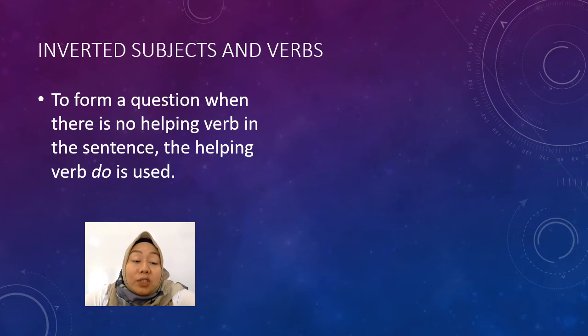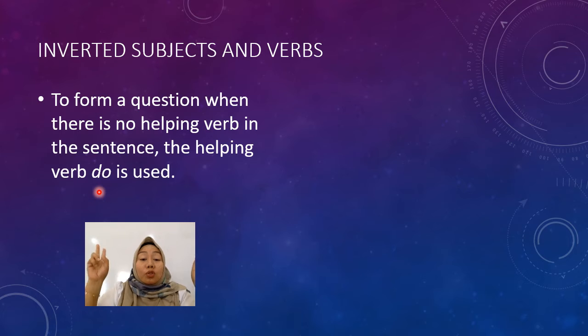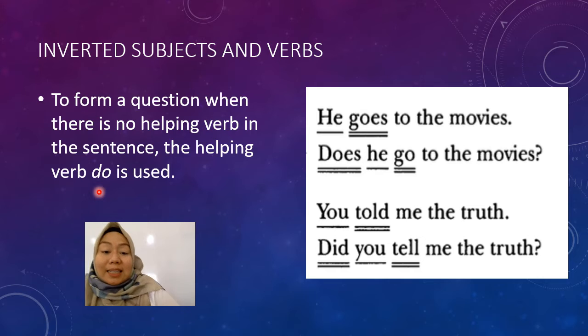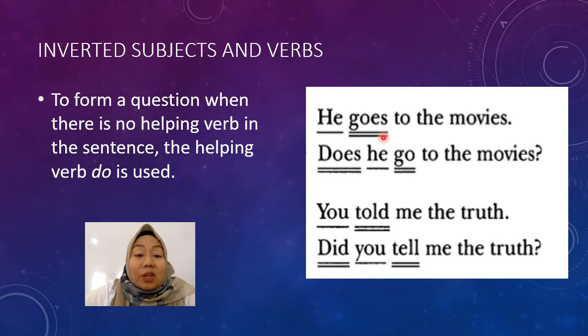To form a question when there is no helping verb in the sentence, the helping verb do is used. So in the previous examples, we had sentences with a helping verb. Now, what if the sentence doesn't have a helping verb? Then we need do in the sentence. Let's take a look at the example here. He goes to the movies.